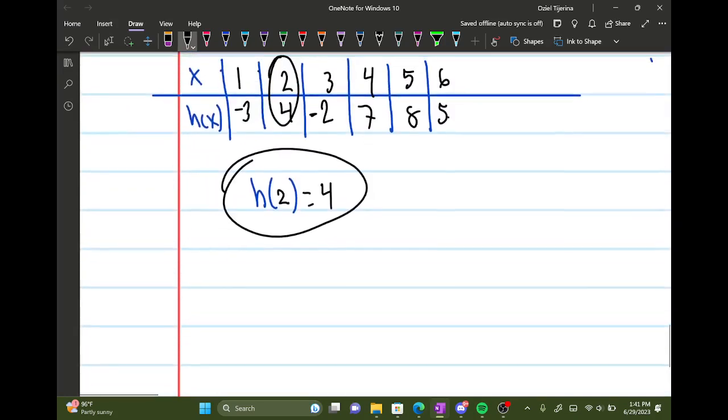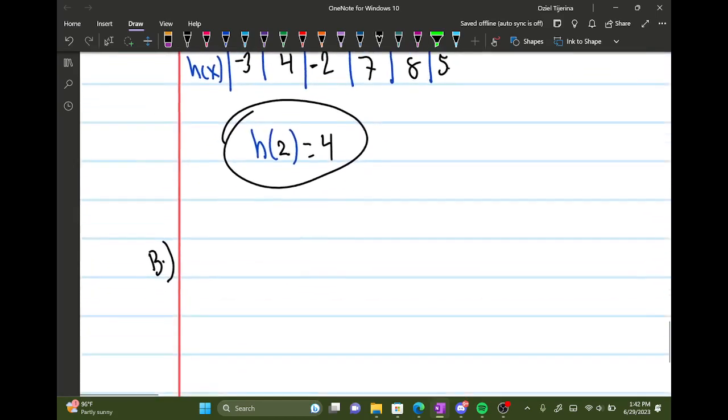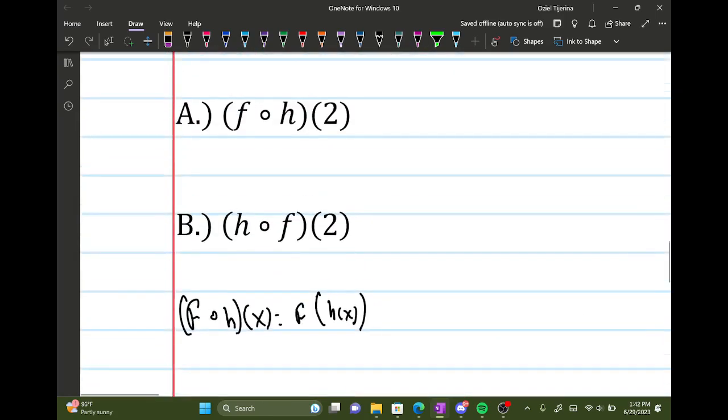Now let's look at part B, and I'm not gonna do the table again since we already have it. Basically, now we're doing h composited of f of 2.